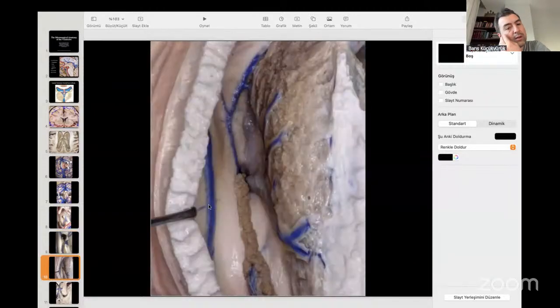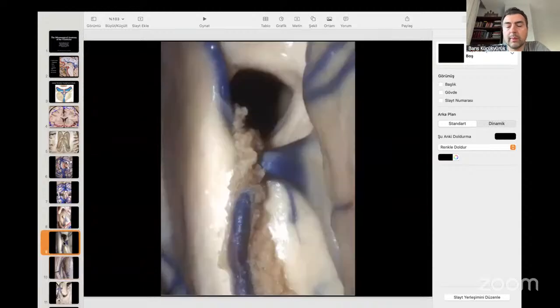Let's see another specimen. You see, the thalamostriate vein collects all the blood from the caudate nucleus and other basal ganglia structures, and it drains it, not into, but at the level of the roof of the third ventricle, which will be coming later.